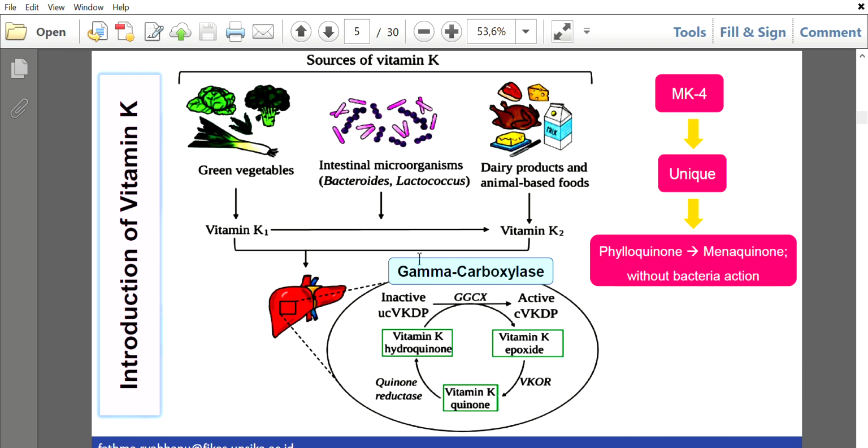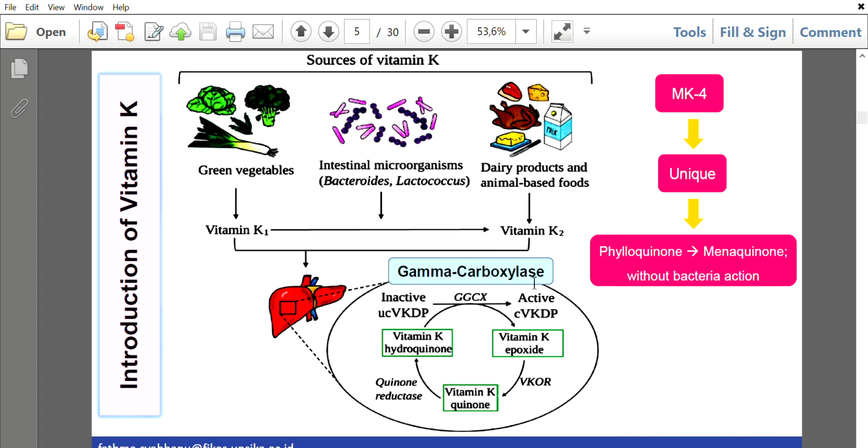Okay, the function of vitamin K is as a coenzyme for the gamma carboxylase enzyme. The gamma carboxylase enzyme has the role of converting inactive uncarboxylated prothrombin to active carboxylated thrombin.